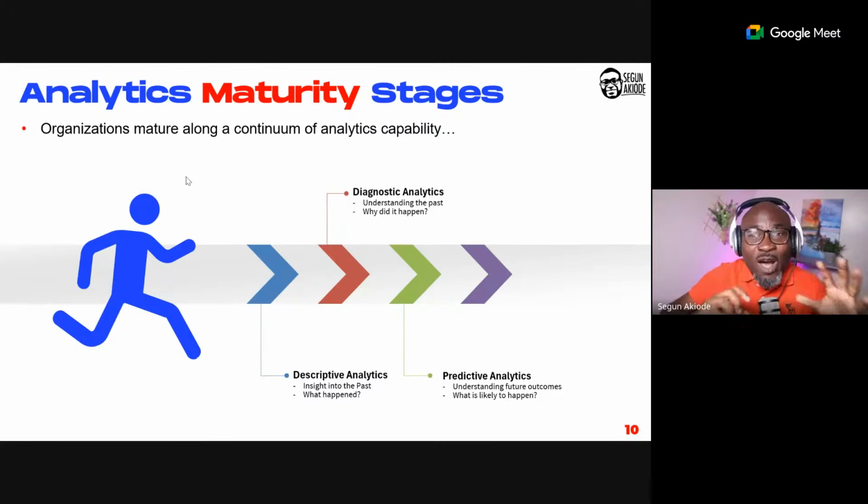This is where you move from descriptive to diagnostic to predictive. This is where the difference comes in, where we talk about data science and machine learning. They are talking about predictive models. You are going to the higher part of analytics. Most of the time, HR professionals will be doing more of descriptive and diagnostics.